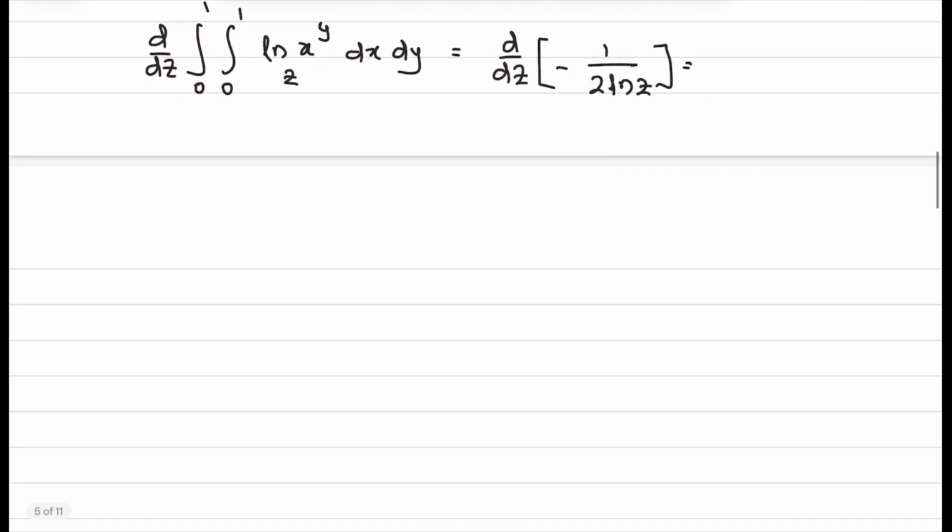Now d by dz of minus 1 by 2 into 1 by ln z. D by dz of 1 by ln z, what is the value?